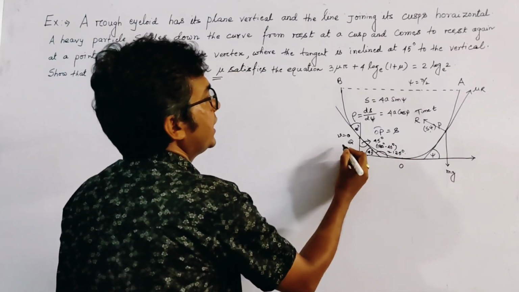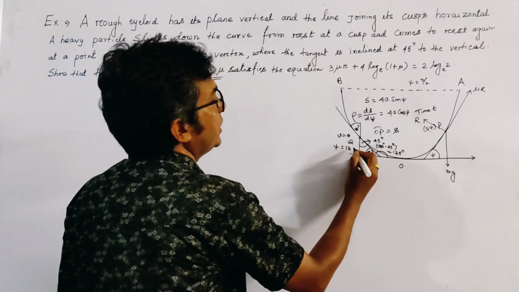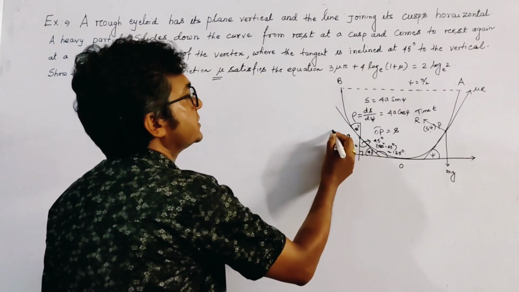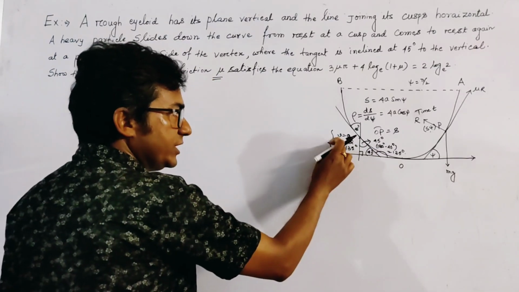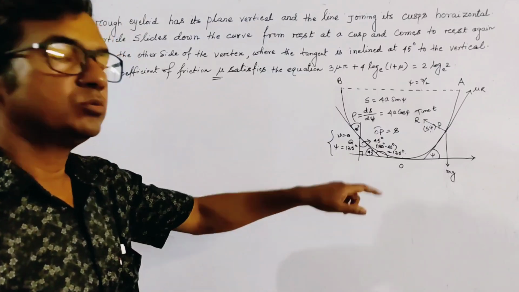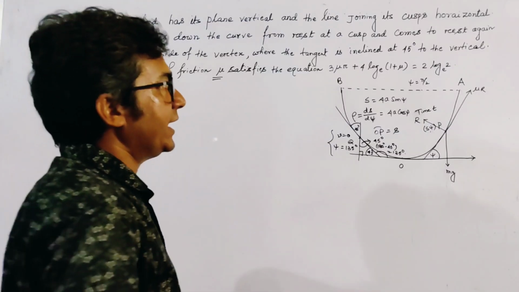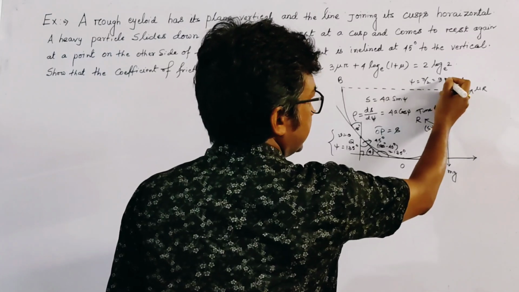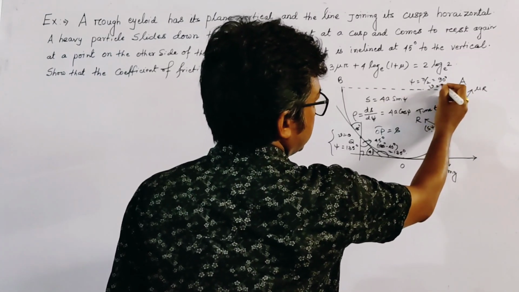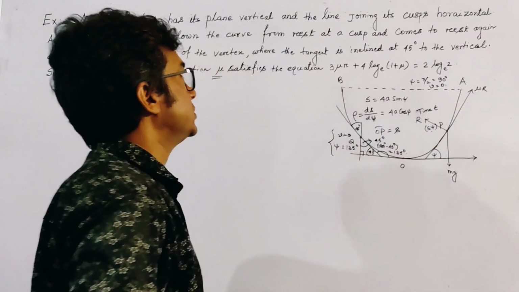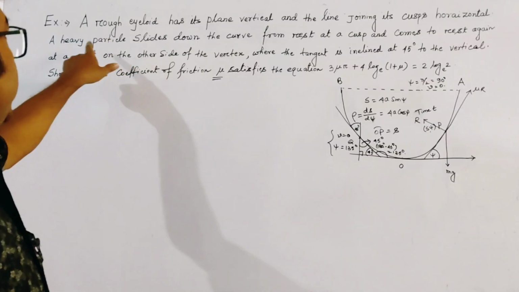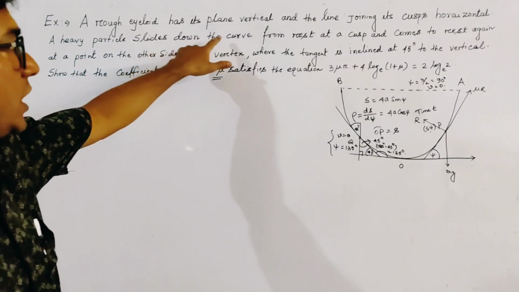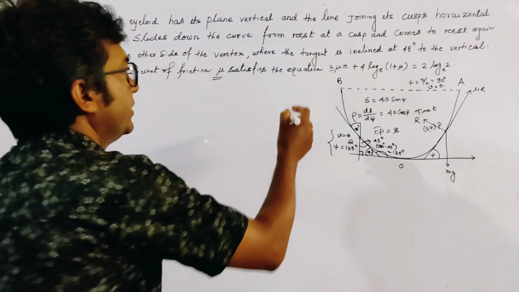That is, psi is equal to 135 degrees. This is the final condition where v equals 0 and psi equals 135 degrees. At the initial position, psi is equal to pi by 2, which is 90 degrees, and v is equal to 0, because the particle slides down the curve from rest, it is given.